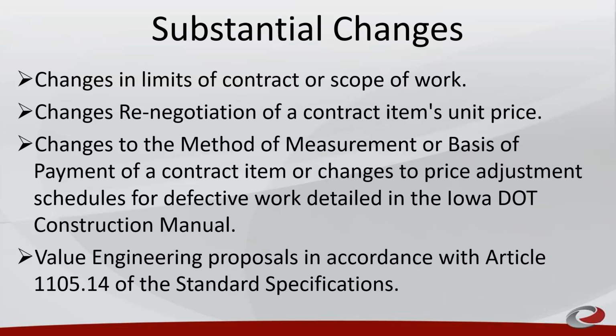They include changes in limits of contract scope of work, renegotiation of contract item unit price, changes to the method of measurement or basis of payment of a contract item, or changes to the price adjustment schedules for defective work detailed in the Iowa DOT Construction Manual. Value engineering proposals in accordance with Article 1105.14 of the Standard Specifications.